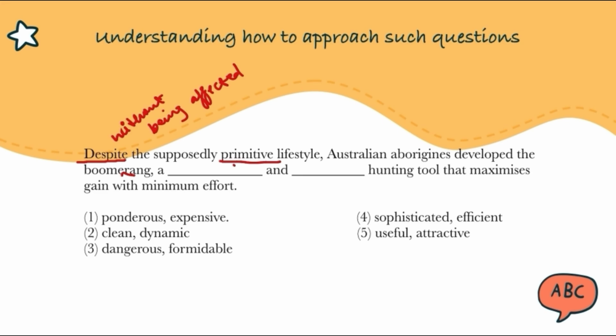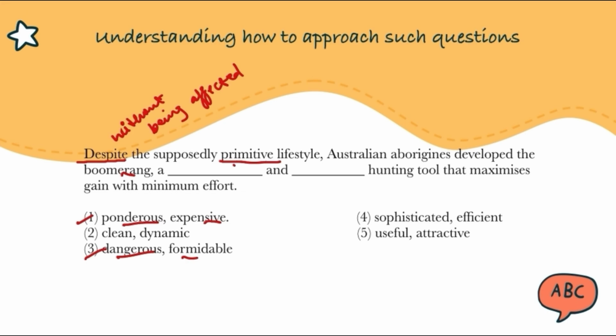Now, based on the conclusion that we reached of positive connotation, we can very easily eliminate option 1 and option 3. Why? Because these are not positive, right? Further, we get options 2, 4 and 5 as possible options that could be the answer.